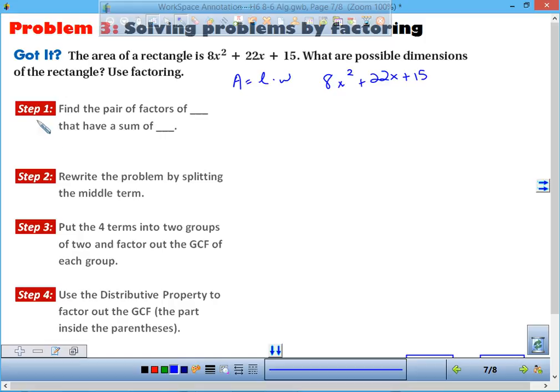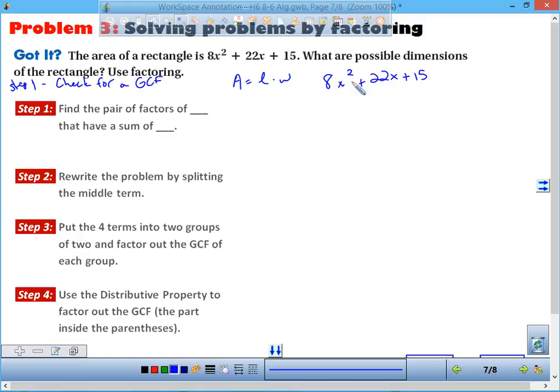Now really, I should say step 1 is not multiplying a times c first. Step 1 really is to check for a GCF, the greatest common factor, right at the very beginning.